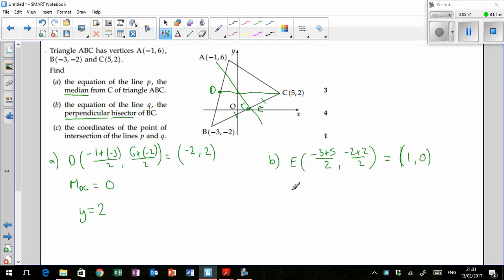The gradient of BC now, so that's us got our point on the perpendicular bisector. We now need our gradient as well. So the gradient is going to come from being perpendicular to BC. So the gradient of BC is 2 subtract negative 2 over 5 subtract negative 3. That's 4 over 8, so it's a half.